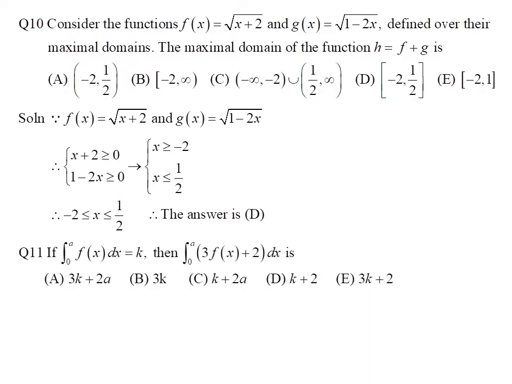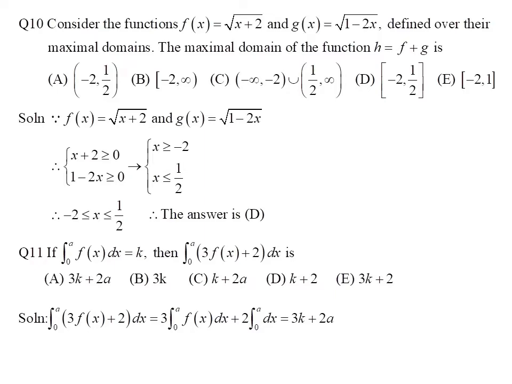In question 11, it is given that the integral of f of x with respect to x from 0 to a equals k. The question is to evaluate the integral of 3 f of x plus 2 with respect to x from 0 to a.